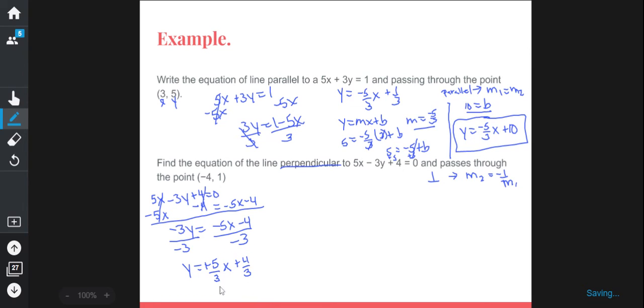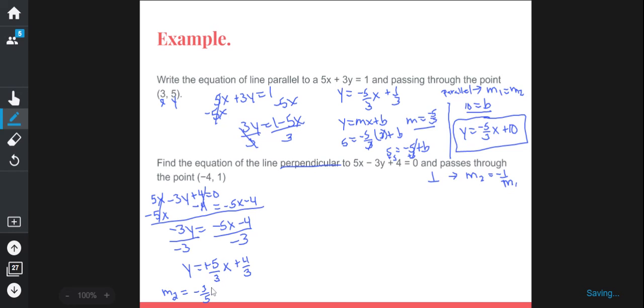So now that I have my equation in slope-intercept form, I can clearly see that my slope, my m1 is equal to 5/3. So m2, the slope of my new line, is going to be the negative reciprocal. So I'm going to flip this over and make it negative. So it's going to be negative 3/5.